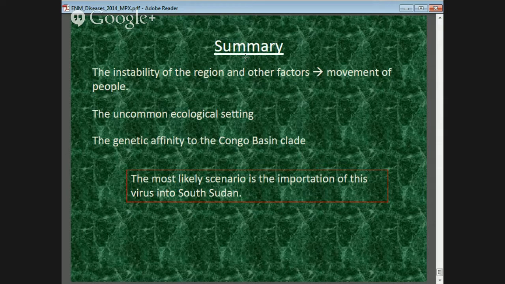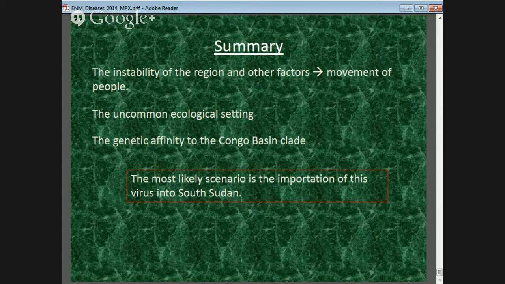So putting all these ideas together: geographically it is very far; environmentally the outbreak happened in a place where environments are very different from where we normally expect monkeypox to happen; genetically the isolate from that outbreak is very similar to some isolates from northern DRC; and there are conditions under which people could have moved very fast from an area with circulating monkeypox into southern Sudan.